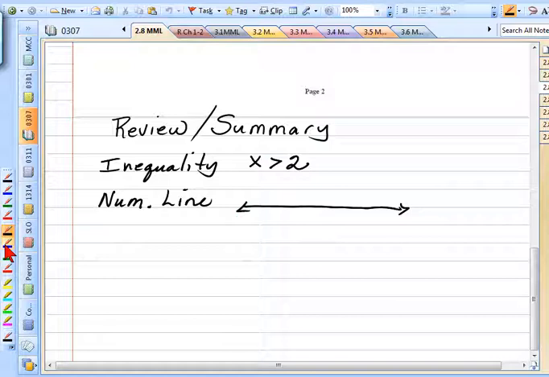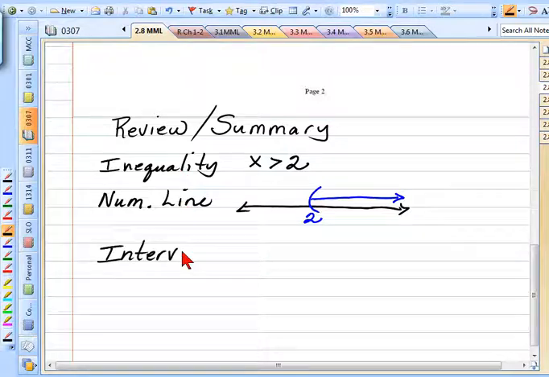What's the one and only number that would be real important to have on your line? 2. Now, will this solution set be off to the right of 2 or to the left of 2? To the right. It's greater than, and the inequality symbol tells you which way to go. Is 2 included or not? Not. So I'll use a parentheses.